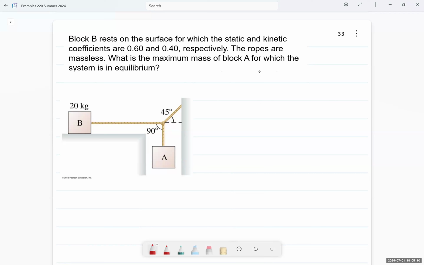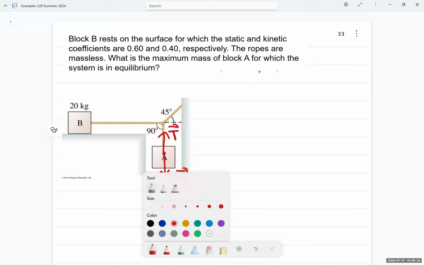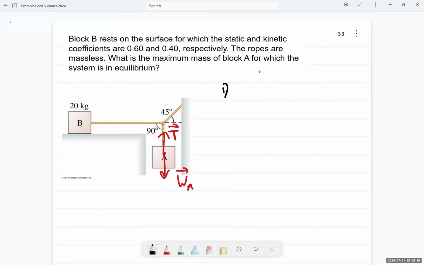So let's start with A. A has only two forces. It has tension upward, and I'm going to use W for weight, so weight of A downward. Equation 1 will be weight of A minus tension equals 0. The system is in equilibrium.